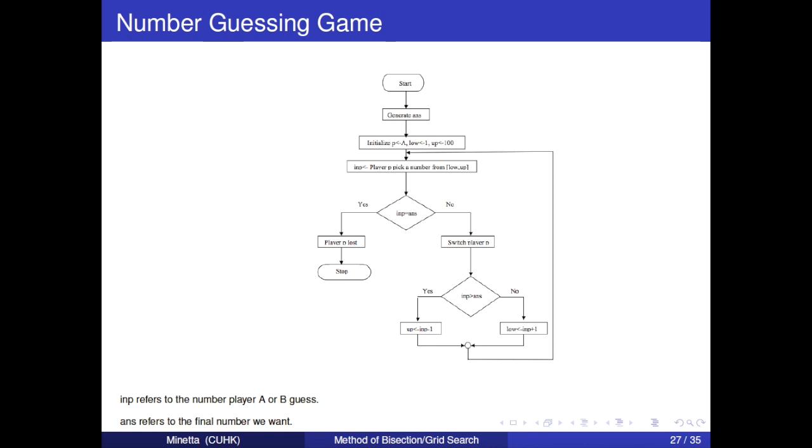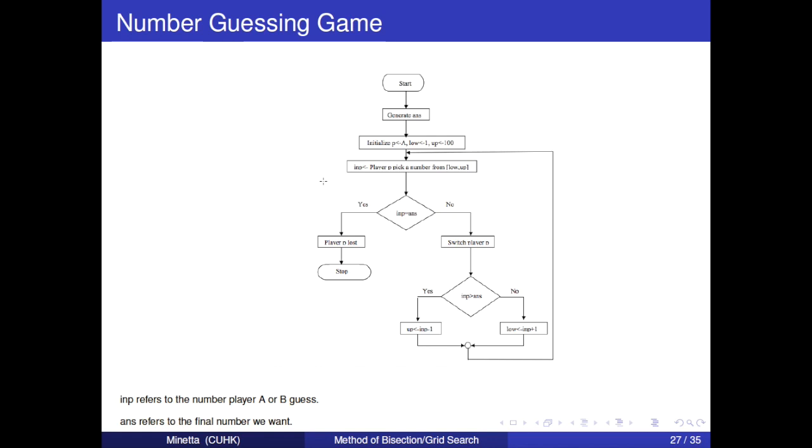Another example is a number guessing game. Game start. The computer generates a number between 1 and 100. Then player A and player B take turns to guess the number. The rule is that if a player chooses the number generated, he will lose the game.